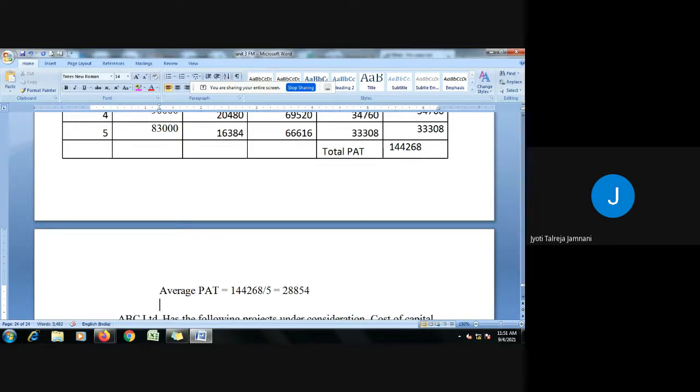Now we need the initial investment, so we'll take the average initial investment. I'll tell you why we are taking average here. Just give me 1 second.